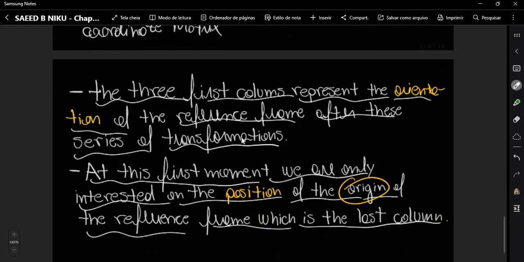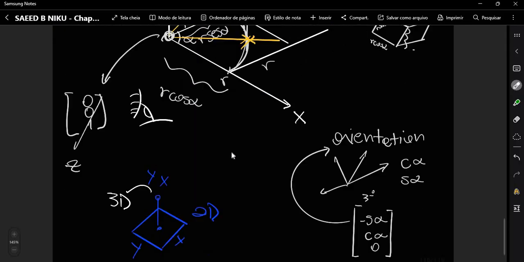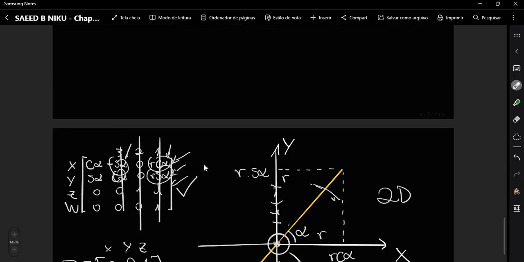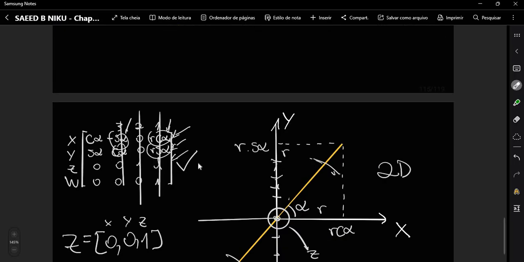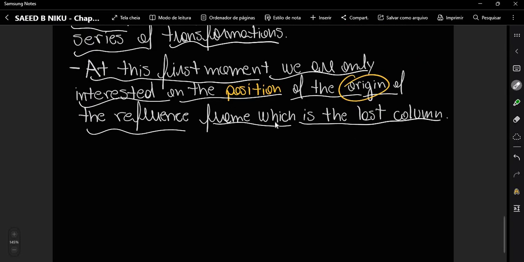We assumed this order for these statements, 1, 2, 3. So logically, the last column, the fourth column, represents the position of the origin of the reference frame.